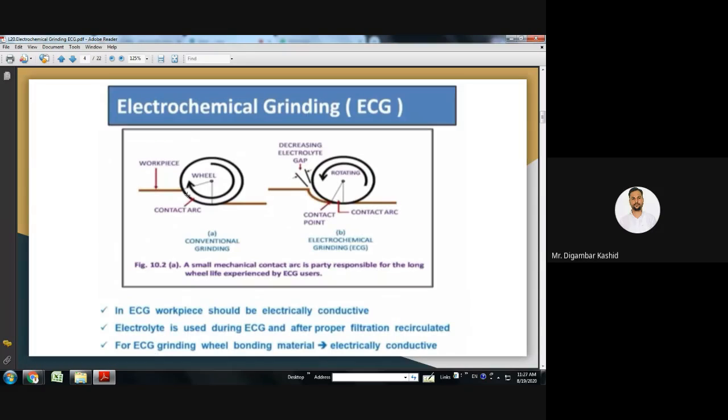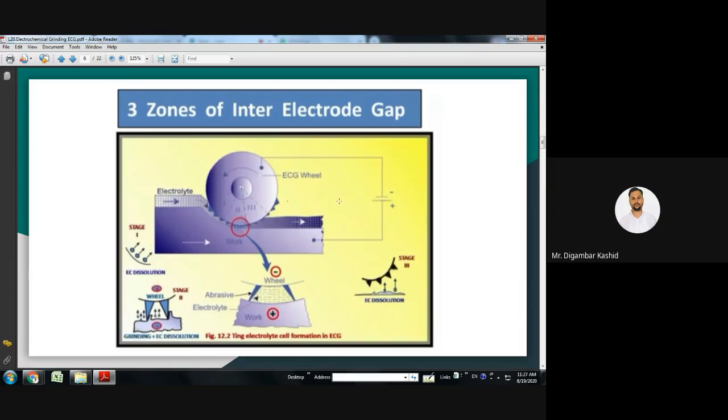You can see here the arc of contact, it is more in case of conventional grinding, but in case of electrochemical grinding, that contact arc is very small.